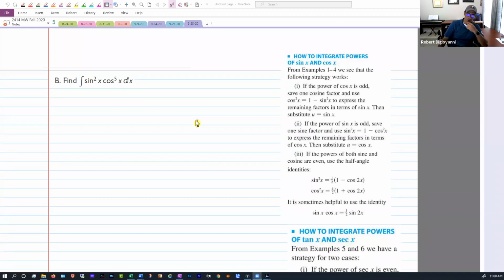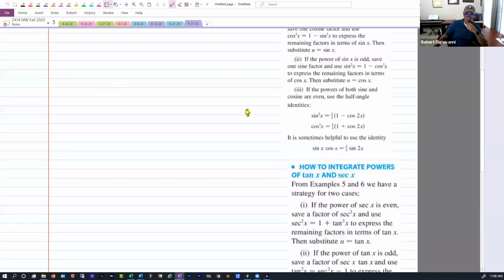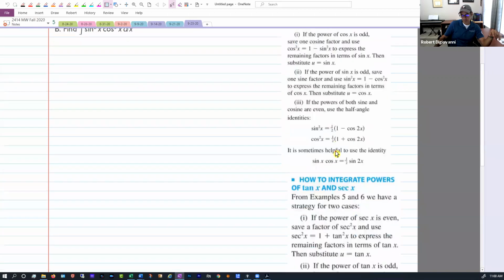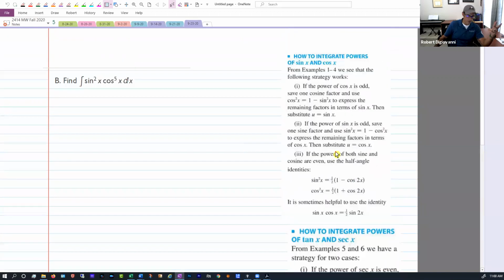All right. So last time we started with trig integrals, and I showed you in the formula sheet that there are sets of steps that we can use to assist us with trig integrals. But one thing that we're going to see today is that these steps, these procedures don't always work.